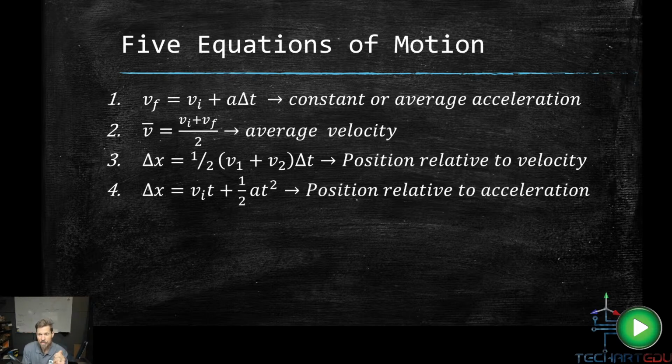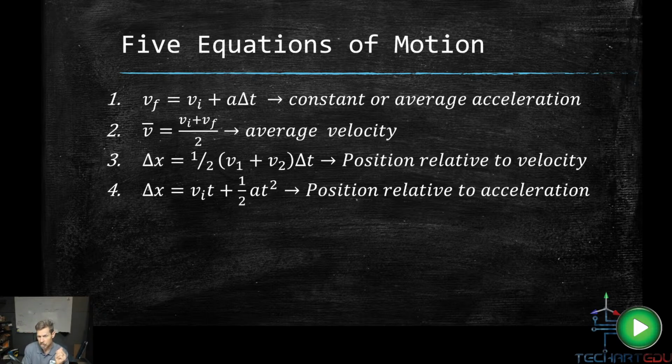Now here's where things really get juicy. Suppose you wanted to get the position relative to its acceleration. Well, you take the initial velocity multiplied by the amount of time, plus half of the acceleration times the time squared. Remember, we're talking about units here, so we have time times time.